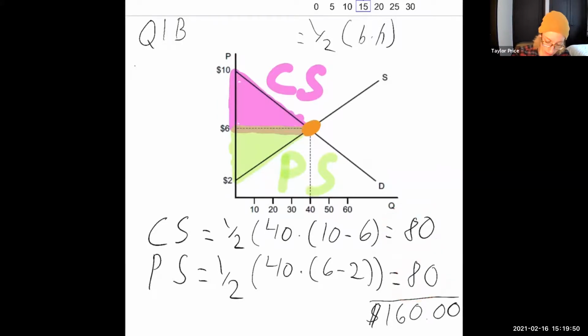In all examples, consumer surplus is the triangle that touches the demand curve, which is this curve right here, and producer surplus is the triangle that touches the supply curve. That's all we're talking about when calculating the consumer and producer surplus of a particular good.